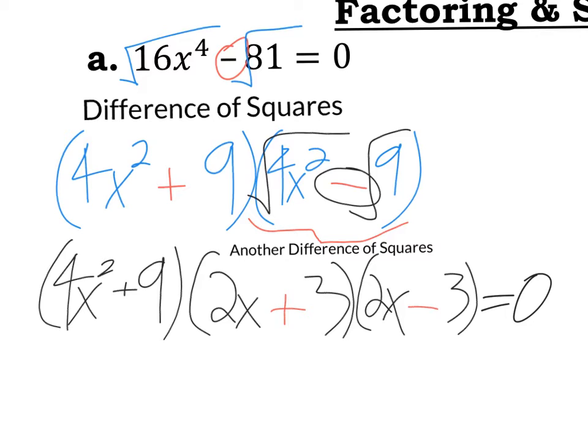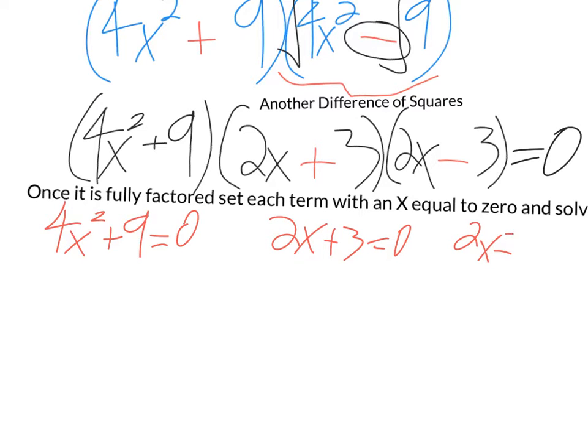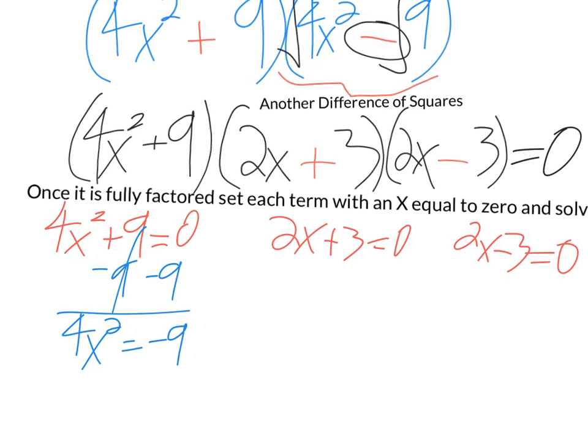Once you have it in fully factored form, you need to set each x term equal to 0. So what I'm going to do here is 4x squared plus 9 equals 0, 2x plus 3 equals 0, 2x minus 3 equals 0, okay? So solve each one. Minus 9 to the other side, you get 4x squared equals negative 9.